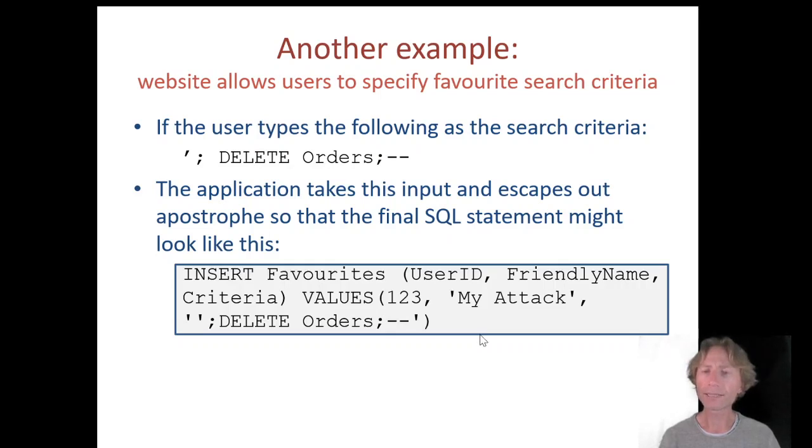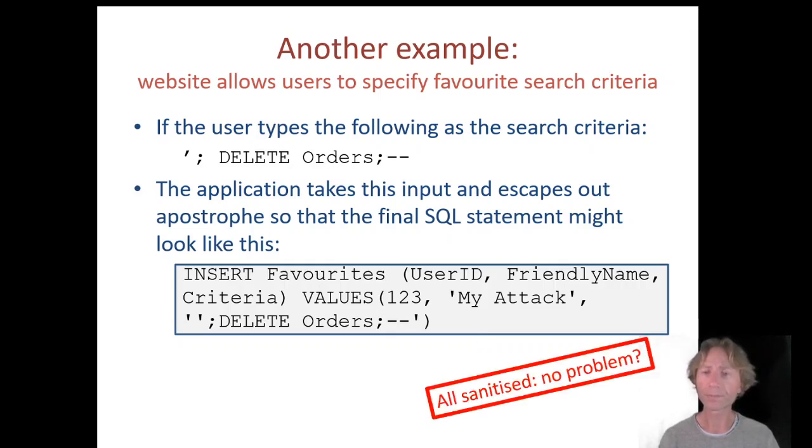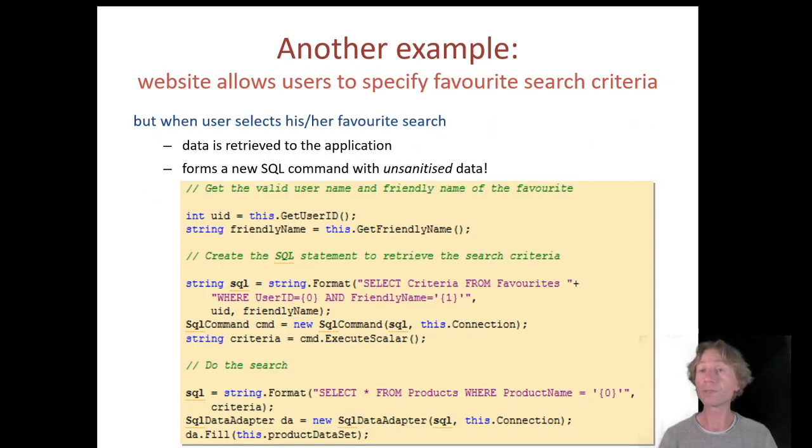However, at a later stage, this information will be used. Okay, so everything is sanitized, but still there is a problem. Because at a later stage, the user will use this favorite search. In other words, will use the value that is in the database, and it turns out that the application uses that value to create a new query.